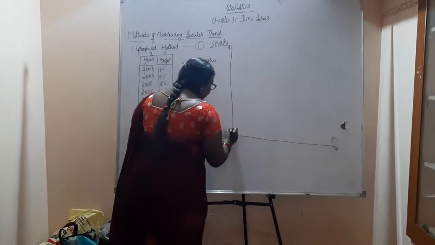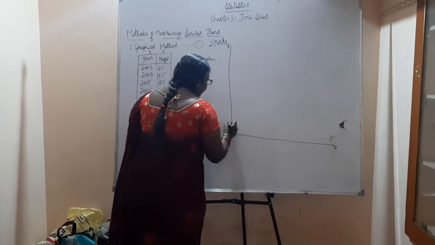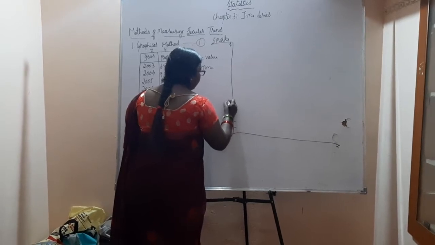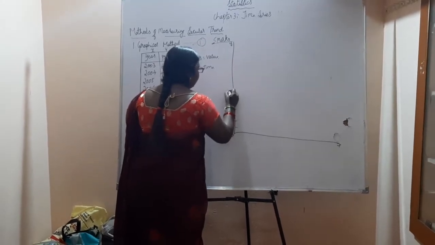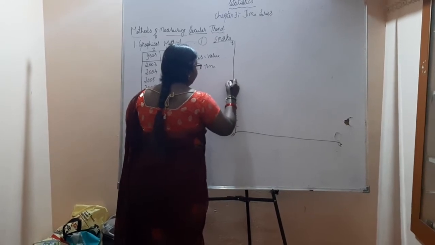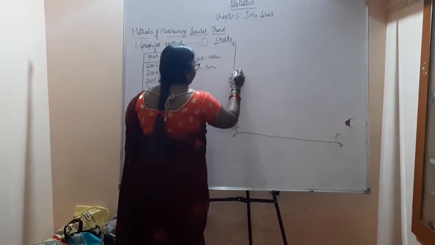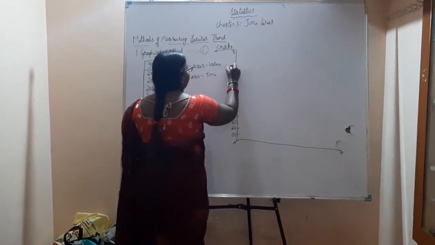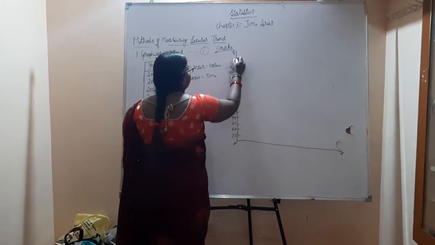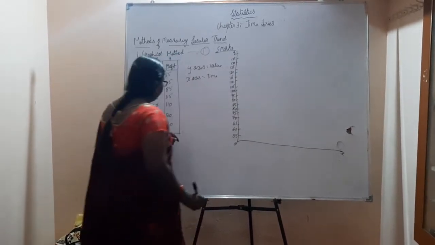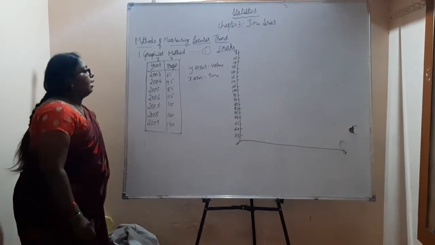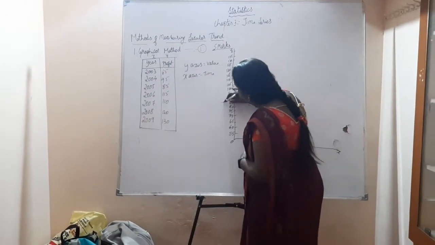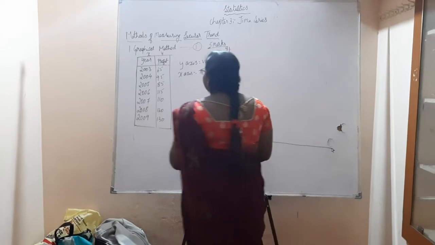So I will start numbering here at 55, then 60, 65, 70, 75, 80, 85, 90, 95, 100, 105, 110, 115, 120, 125, 130, 135. My last number is 130. What is my y-axis? Value. And my x-axis is time.